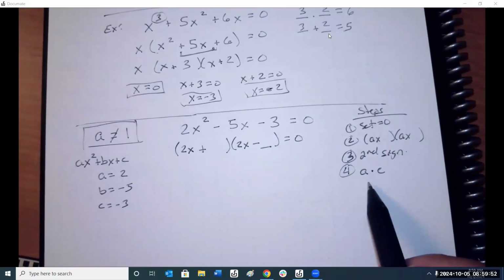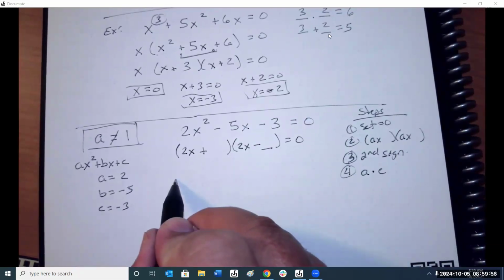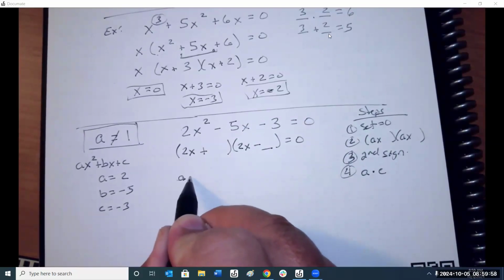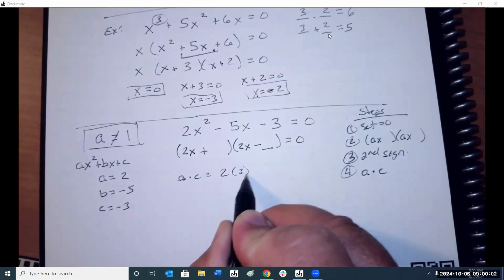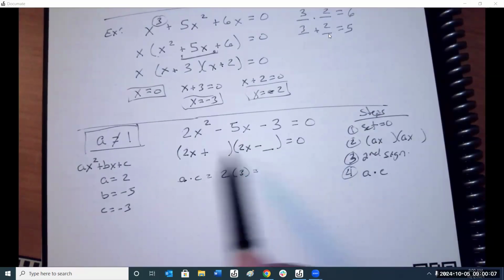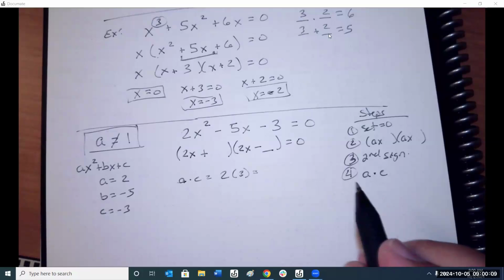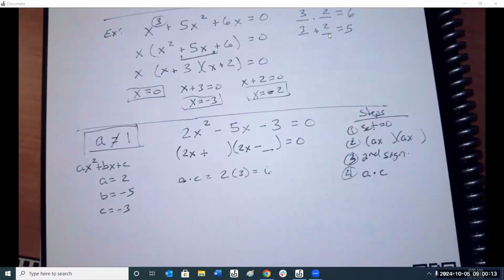So we multiply A times C. We have A times C equals 2 times 3. We don't need the signs because we know what they have to be already. So just the numbers. 2 times 3 is 6.